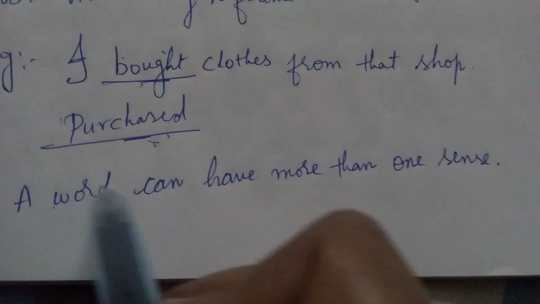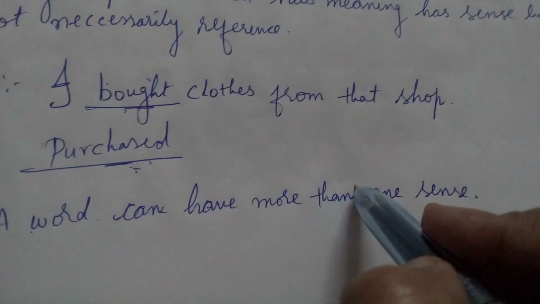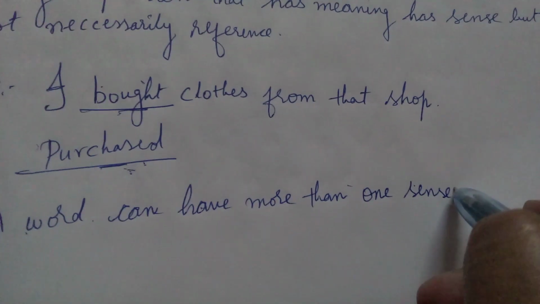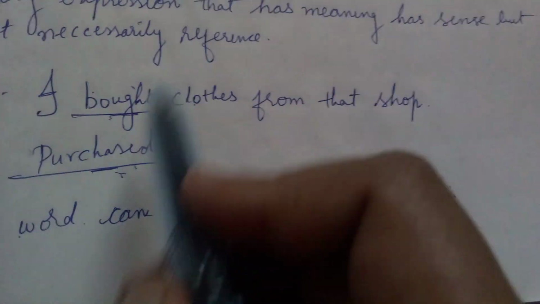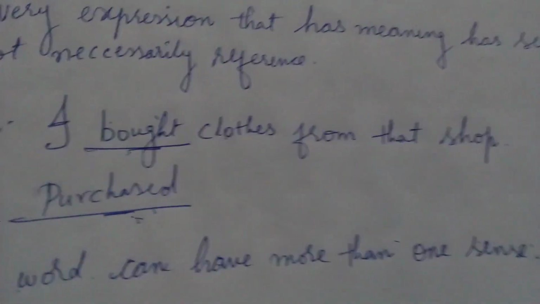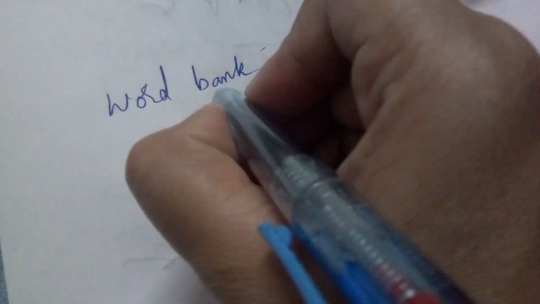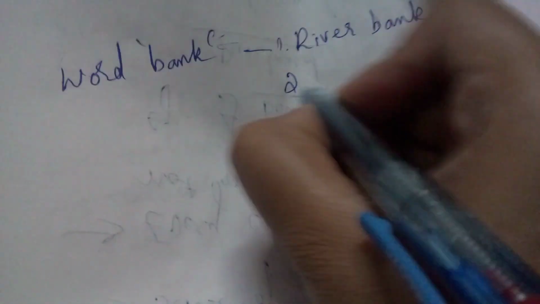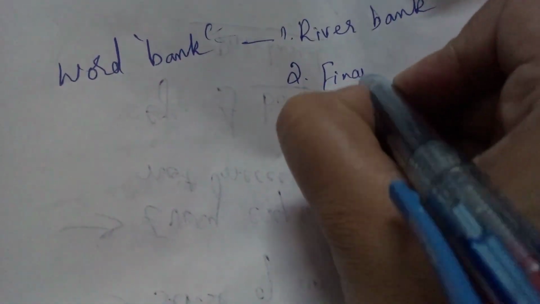Okay, a word can have more than one sense, as you observe here. But let's get into the meaning of the word bank. Here, bank can be river bank and financial bank.